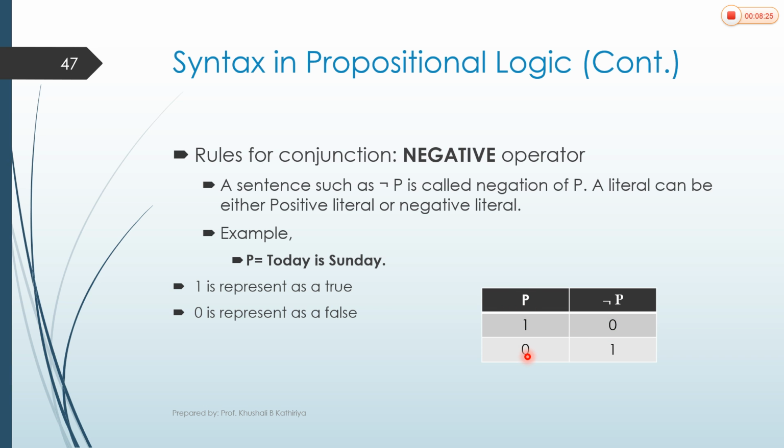The negation of a sentence like today is Sunday: true becomes false and false becomes true. One represents a true value and zero represents a false value. I will refer to this throughout the whole chapter. So this is the rule for the negative operator, the not operator, and this is its sign.